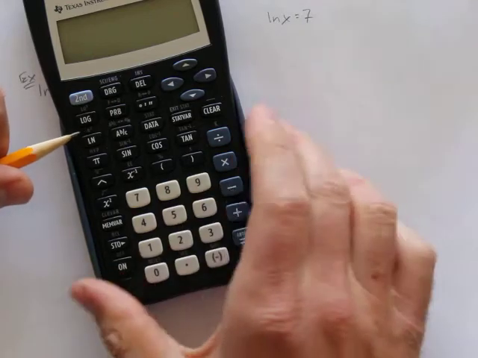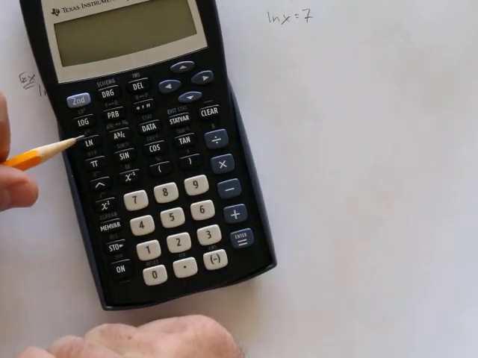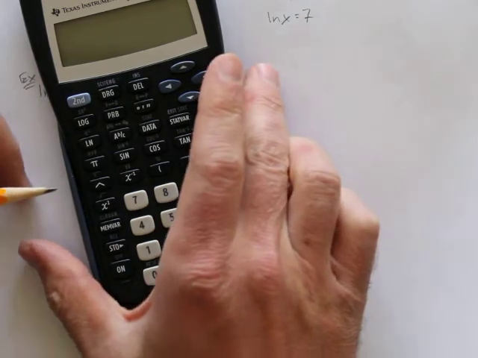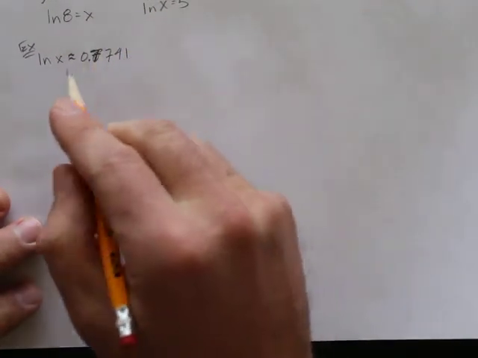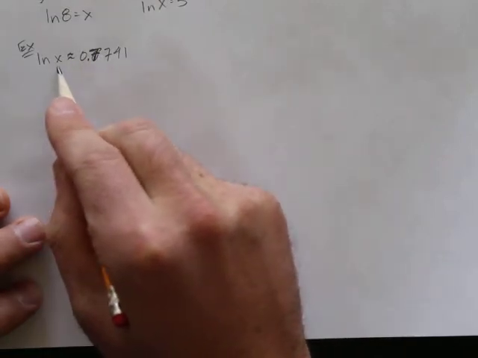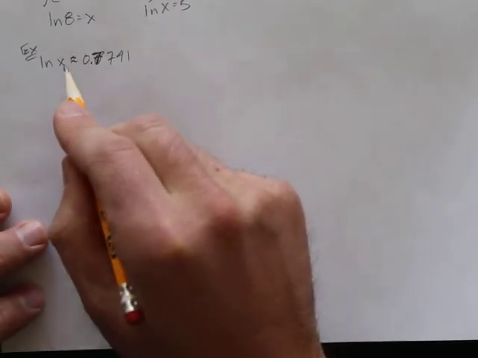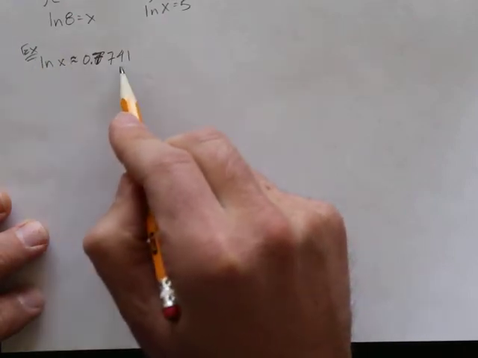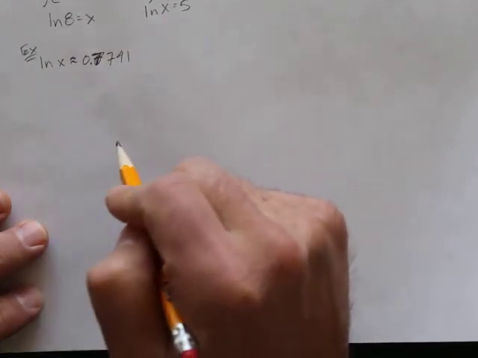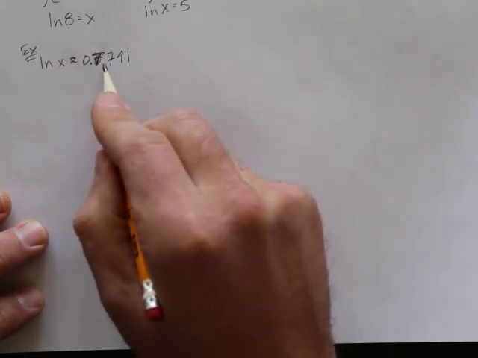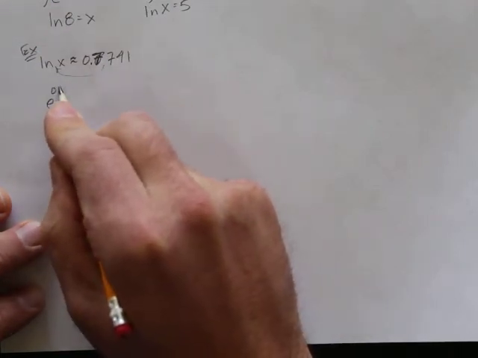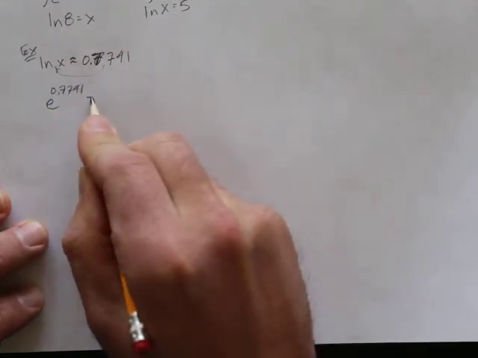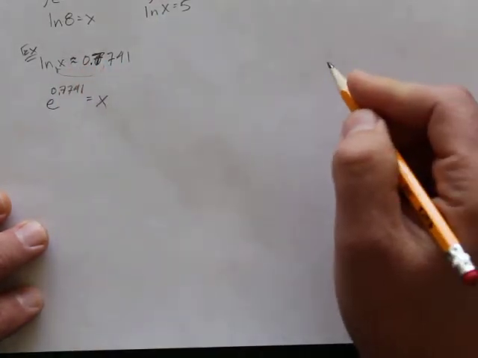So your calculator, if you've got one of these guys, should have natural log and base e stuff on it. I don't know if we'll need that today or not yet. We'll see. So we're going to rewrite this as an exponential function. So we're taking it now from the logarithmic function and rewriting this in exponential form. So this is going to go up here, and so I've got e to the 0.7741 equals, and the x falls out onto the other side.